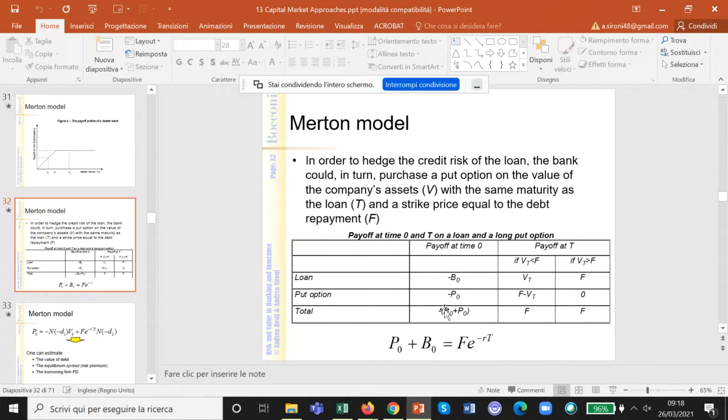Therefore, the value of these two components is equal to the present value of this future F, the face value of debt, discounted at the risk-free rate, because there is no uncertainty about this outcome. So the conclusion from this framework is that the value of debt today plus the premium on a put option on the company's assets, with a maturity equal to the debt maturity and a strike equal to the face value of debt, is the present value of the face value of debt.